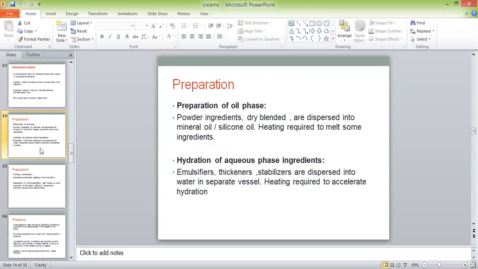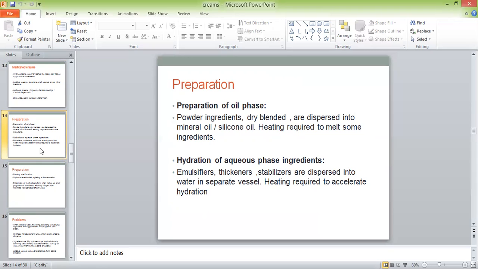Then, how are these creams prepared? Firstly, the oily phase is prepared, and powder ingredients are blended in the dry form, and then dispersed in mineral oil or silicone oil. Silicone oil is basically a sticky oil, a polymerized siloxane with carbon side chains, and it is used as a lubricant.